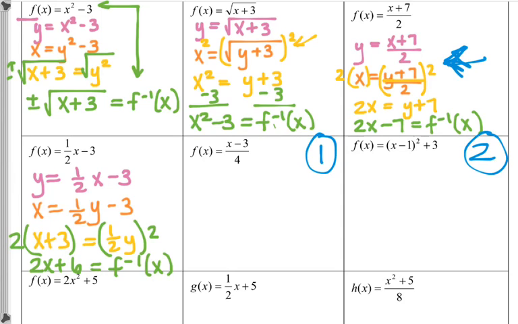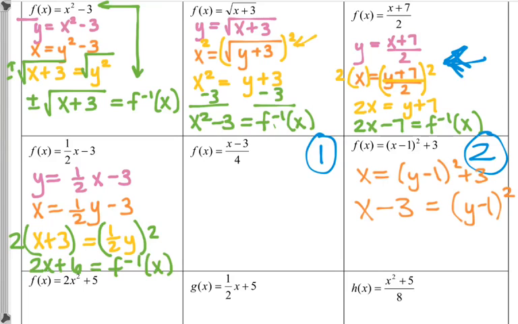Oh, good question. We are going to do a square root, but not first. The first step we'll do after we switch our x's and our y's. Does anybody know what we should do first? -3. So we got to do the -3 before we take the square root. So we're not going to take the square root until the only thing on this side is the squared. And then we'll take the square root to undo the squared.